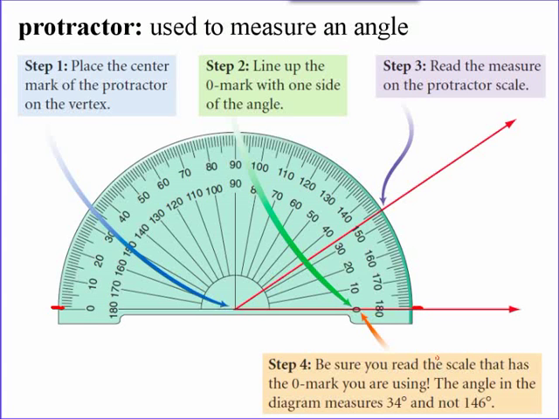It starts at 0 and goes to 180. So it's important to understand that there are two and that you know which one you start with. So the very first step in measuring any angle is to place the center mark of the protractor on the vertex.